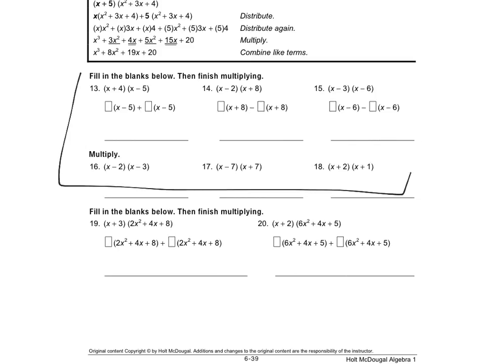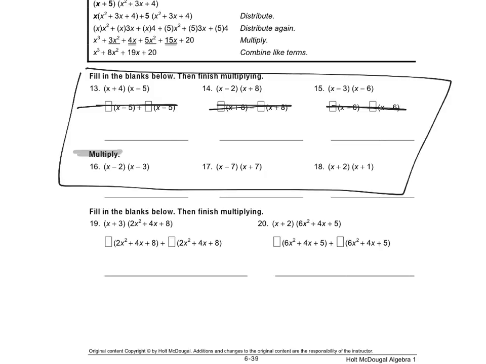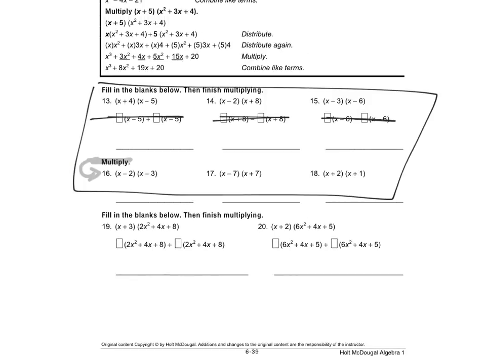Questions like 13 through 18. I will not give you the boxes. Okay? All it's going to say is multiply, and then the problem looks like this. So for example, if I did number 13, you're going to FOIL or distribute, whichever. Some people don't like the acronym FOIL, but it's the same thing as distribute.